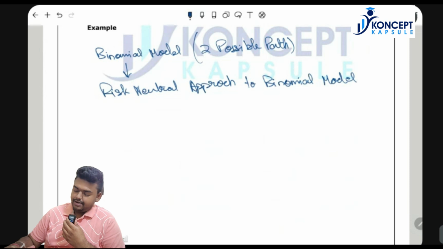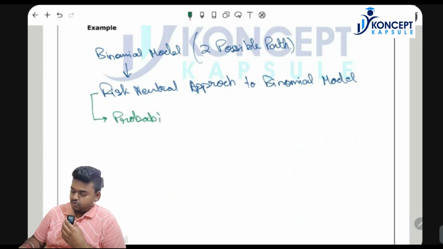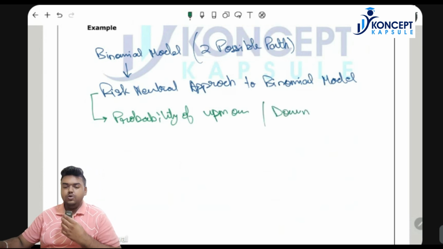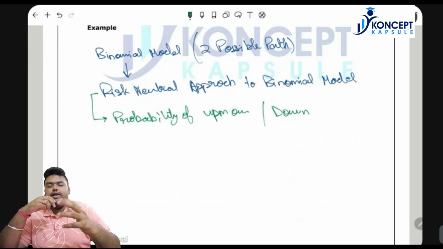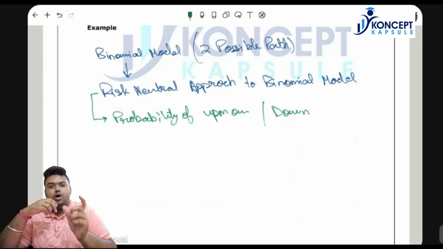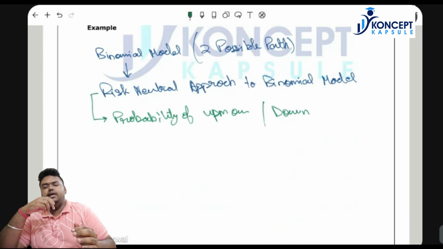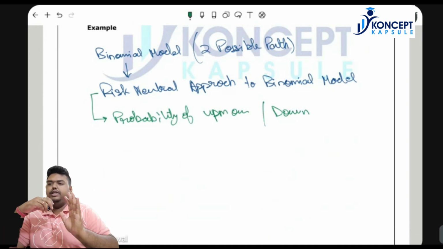Why is it required? The risk neutral approach will give us the probability of up move and down move. So why do we need a risk neutral approach? The risk neutral approach in the binomial model will give us how we compute the probability of the stock moving up and how we compute the probability of the stock moving down.